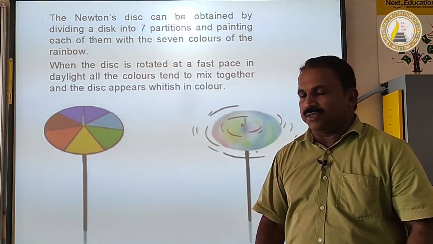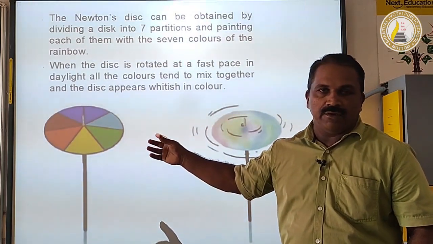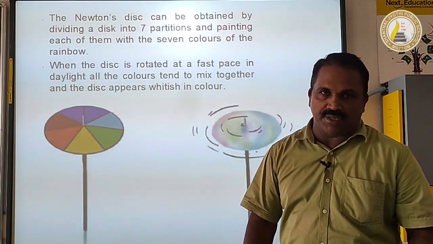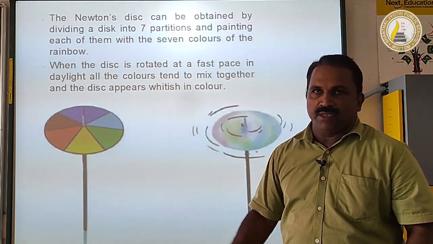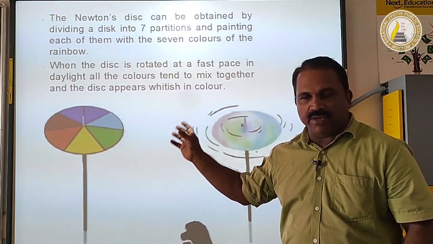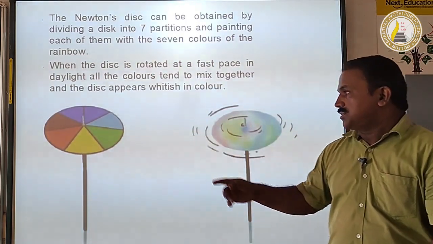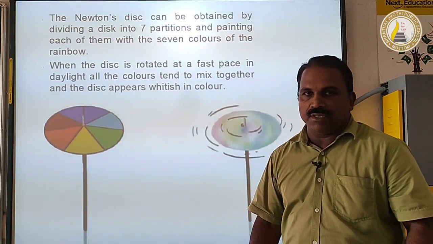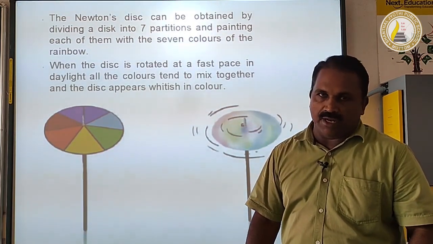Persistence of vision means when it is not rotating, we can see 7 colors. When it rotates fast, the light from the colors passes through our eyes and reaches our retina.